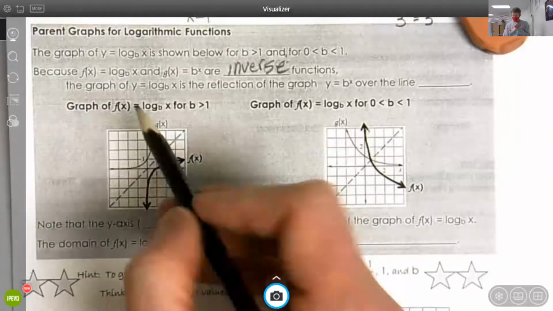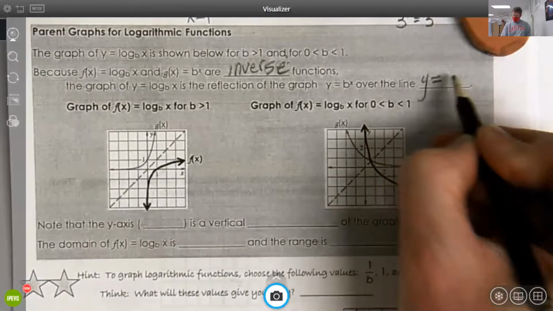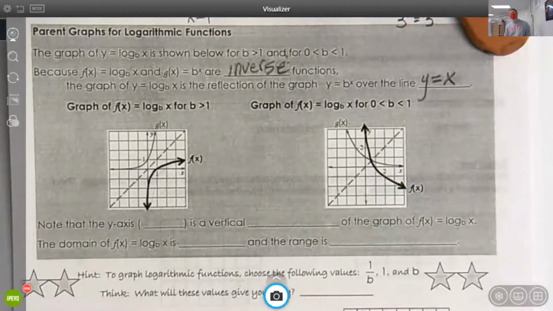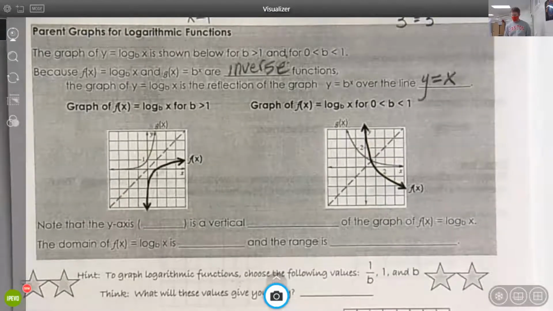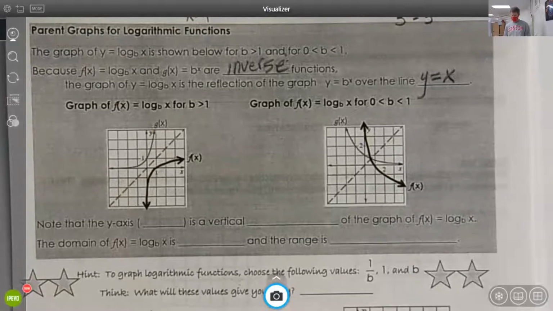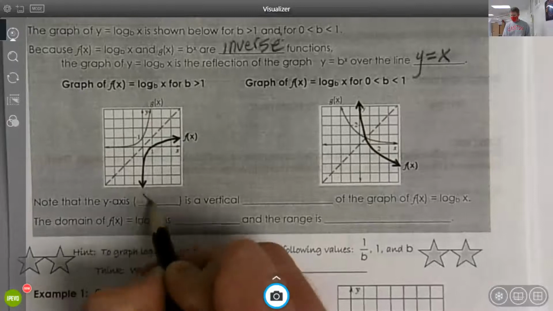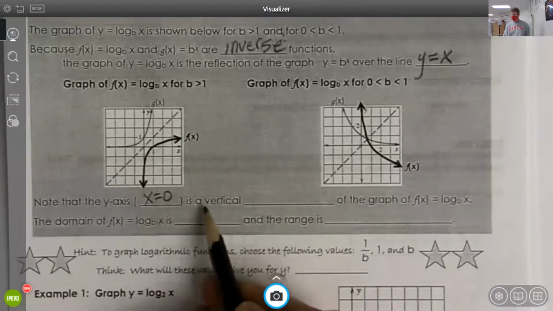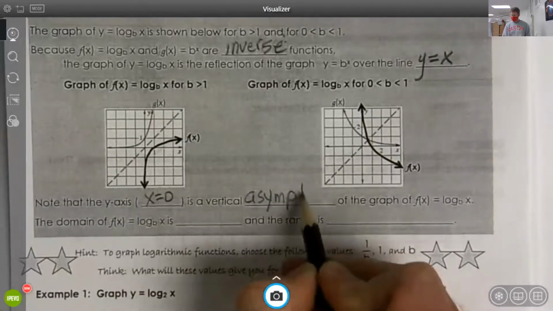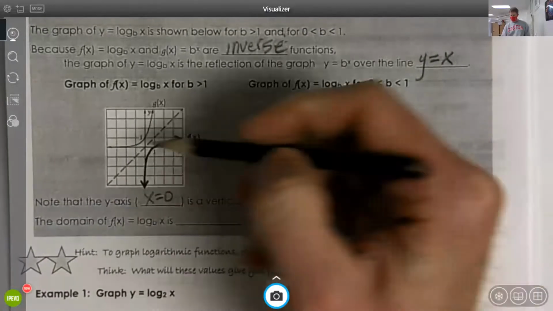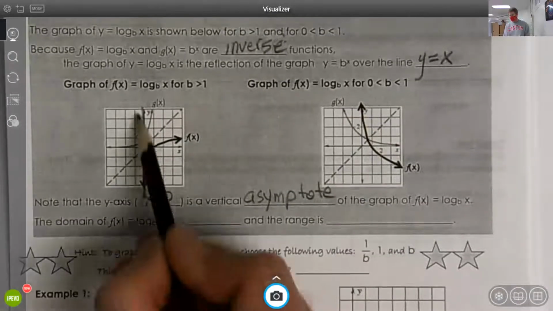The graph is a reflection over y equals x, just as we reflected equations in the past. Note that the y-axis, which is x equals 0, is a vertical asymptote. If you look here, going down for the logarithmic graph, there's your asymptote.